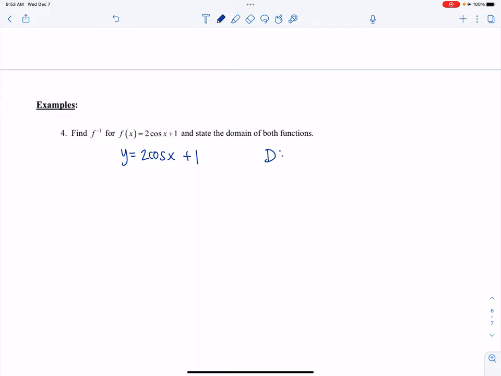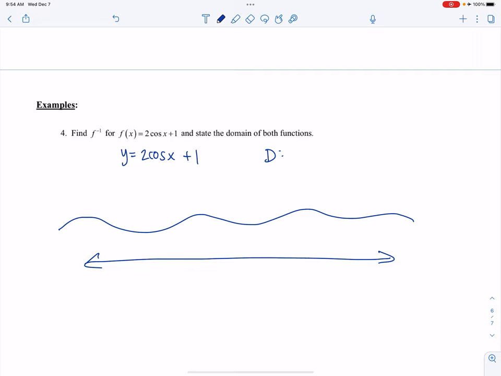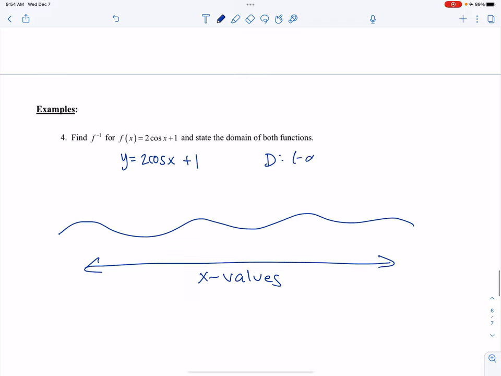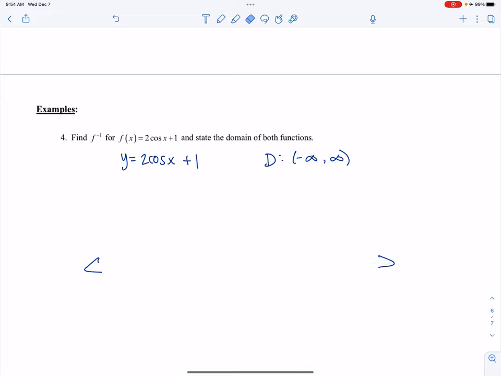Cosine looks like that never-ending squiggly line, so we can plug in any of the x values. So our domain is negative infinity to positive infinity. It's a nice one, and there's no restrictions on it.